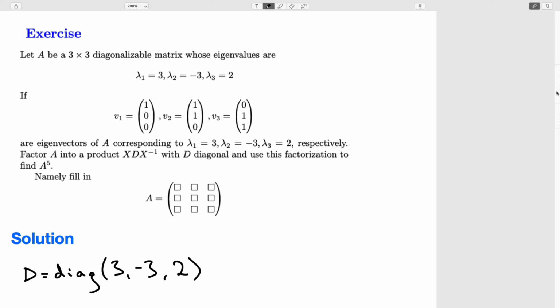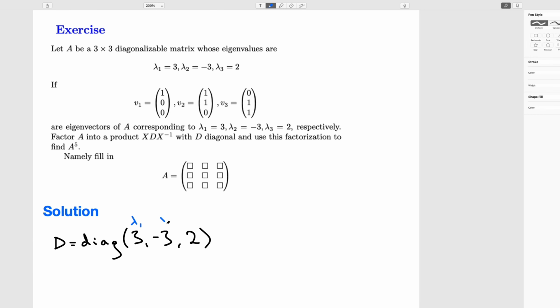Okay, just to be clear, this was just lambda 1, lambda 2, and lambda 3. And this notation, diag 3, negative 3, 2, is just like saying we have a 3 by 3 matrix with 3, negative 3, and 2 on the diagonal. Okay, this is the diagonal over here.